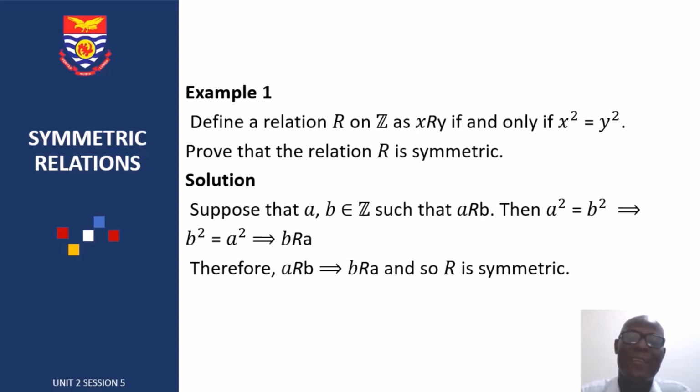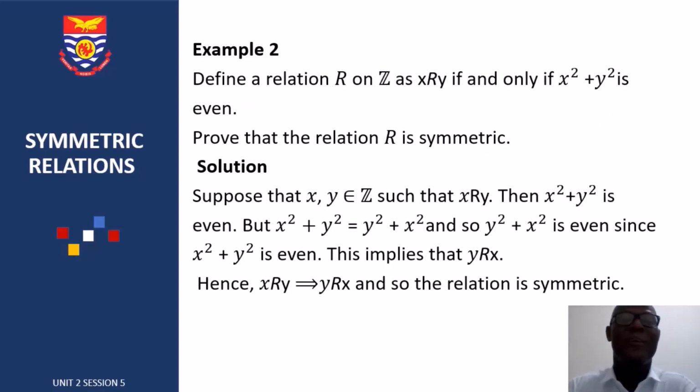Suppose that a, b belong to Z such that a is related to b. Then a squared is equal to b squared, which implies b squared is equal to a squared, which implies b is related to a. Therefore, a is related to b implies b is related to a. And so, R is symmetric.